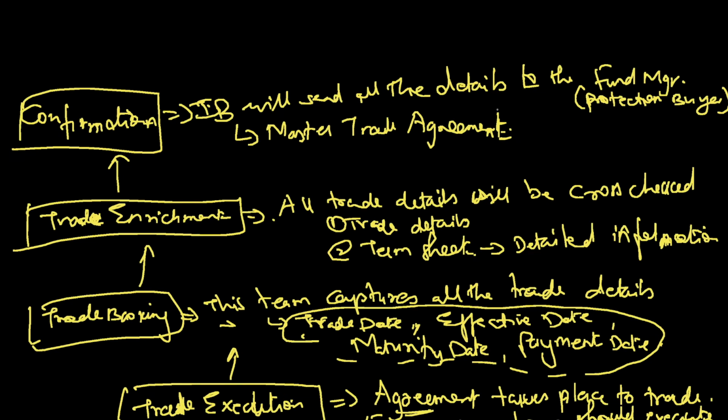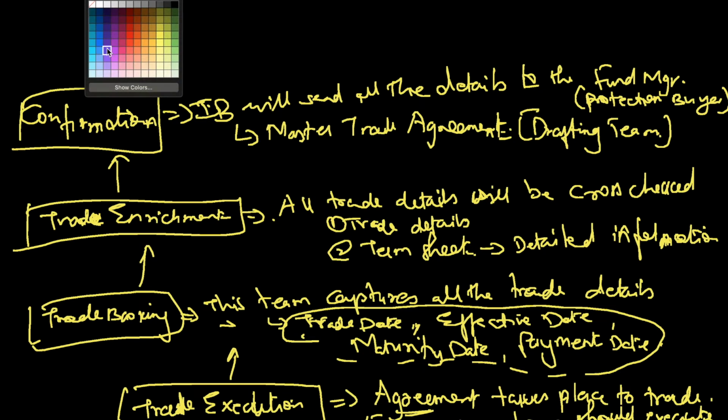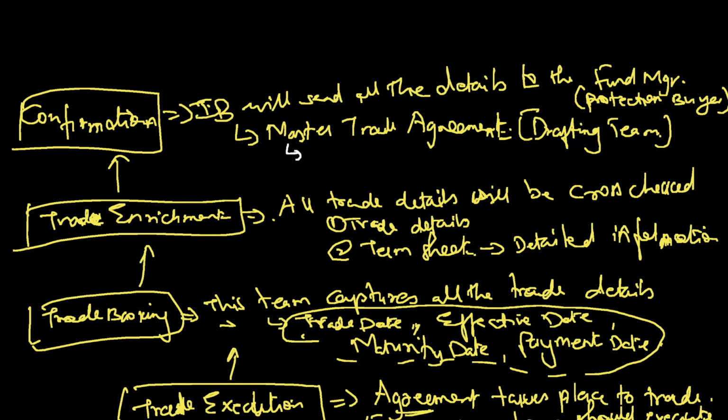This Master Trade Agreement is done by their drafting team, the drafting team of the investment bank. Now what does the Master Trade Agreement consist of? This is an important one, it consists of various parts.